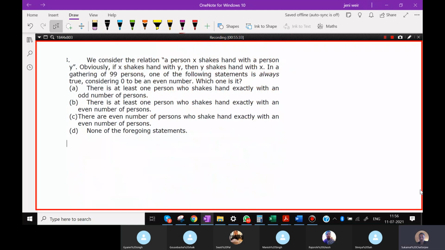Next one, we consider the relation: a person X shakes hands with a person Y. Obviously, if X shakes hands with Y, then Y shakes hands with X. In a gathering of 99 persons, which one of the following statements is always true, considering 0 to be an even number?